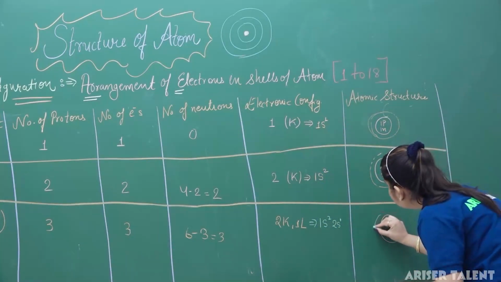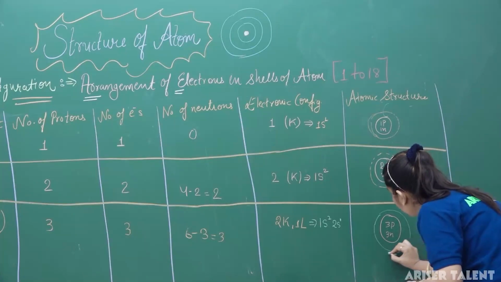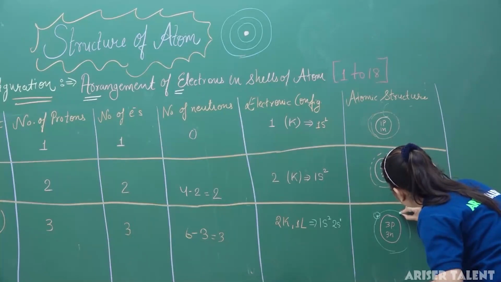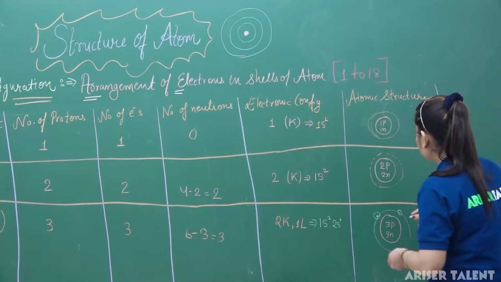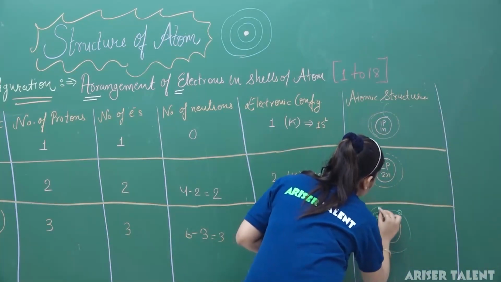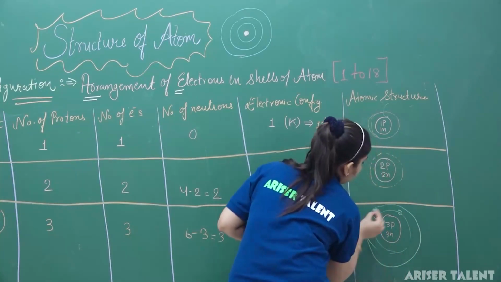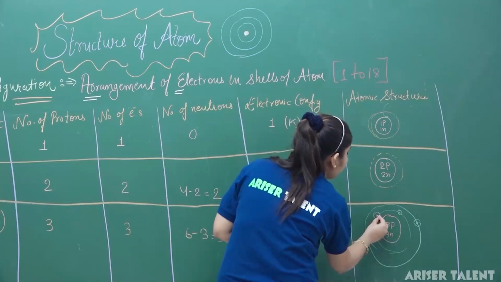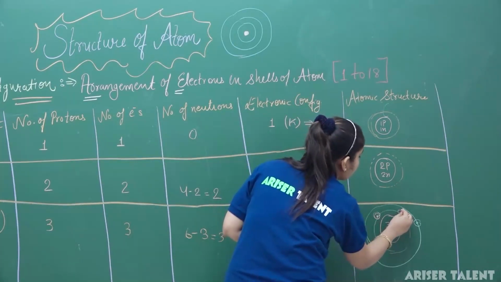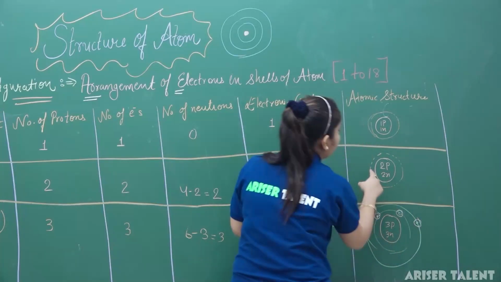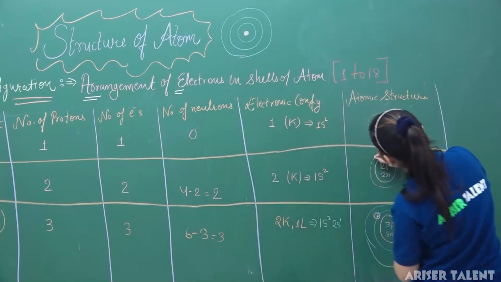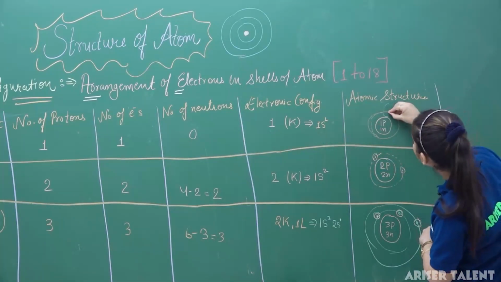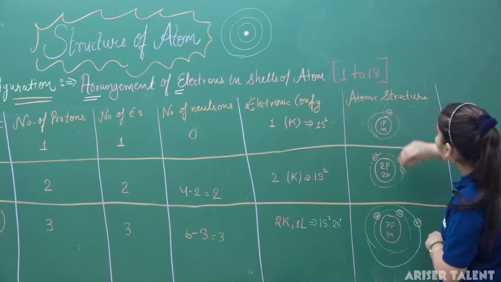So we can draw it as 2 electrons in that inner shell and 1 electron in the outermost shell. So this will indicate the number of electrons. In this we have 2 electrons, so 2 electrons will be situated here. In the case of hydrogen we have only 1 electron, so 1 electron will revolve here.